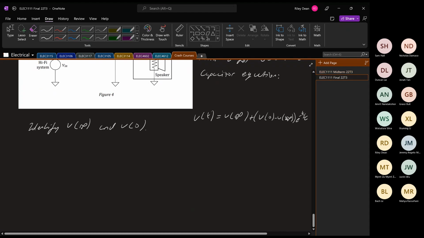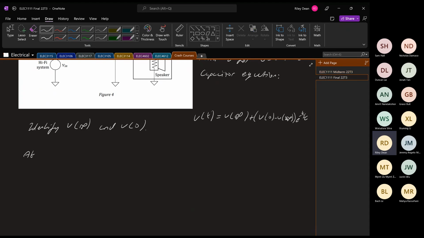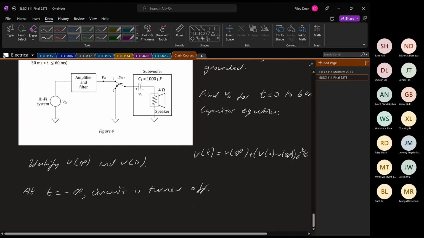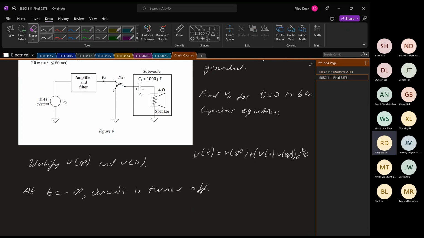So what we can say is that initially, at t equals negative infinity, we know the circuit is turned off. What that means is the switch is down, and because the switch is down, the circuit is grounded.